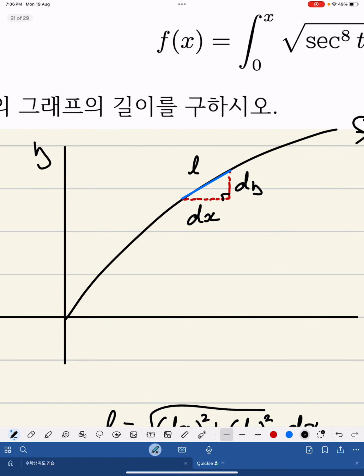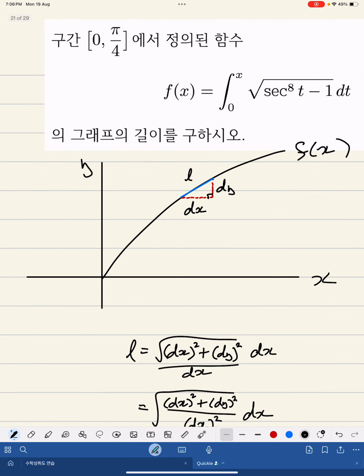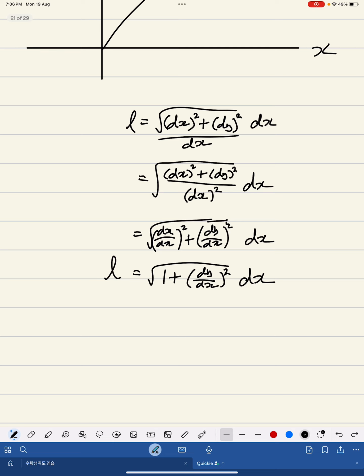Now we want to find the sum of all L's throughout x, and we know that in order to do that we just integrate.